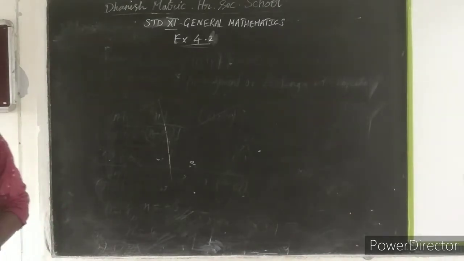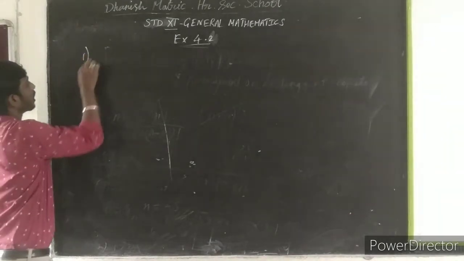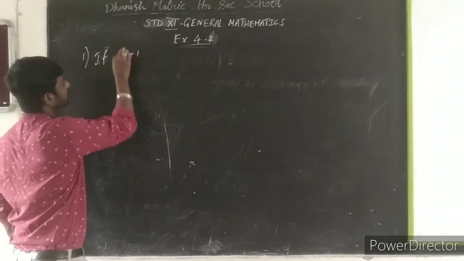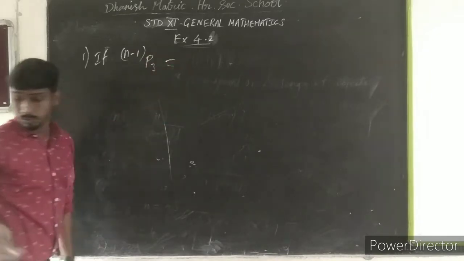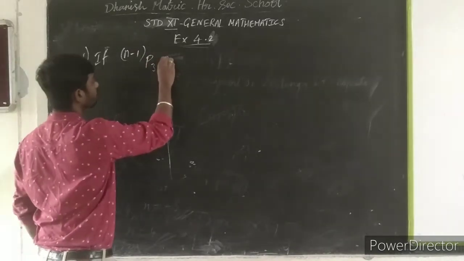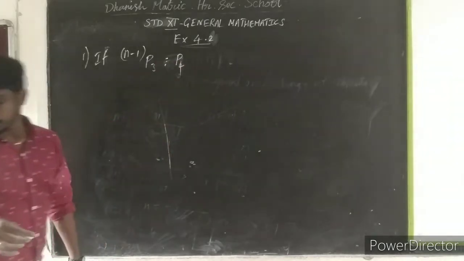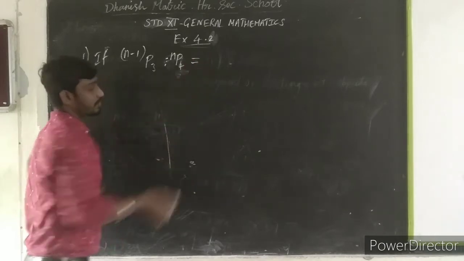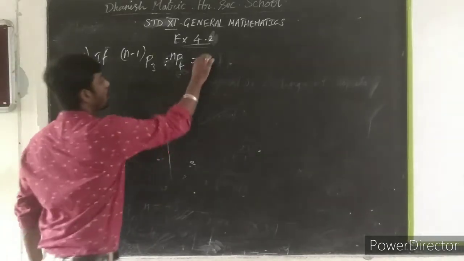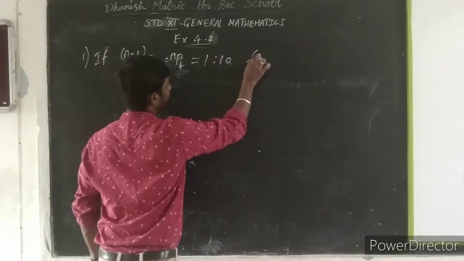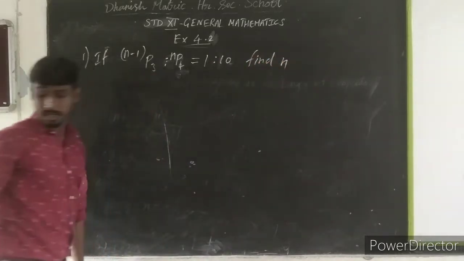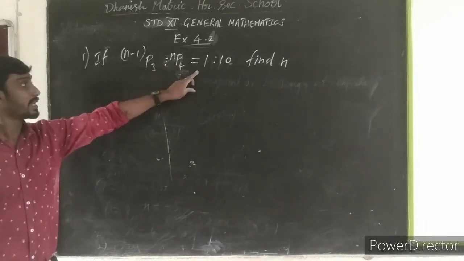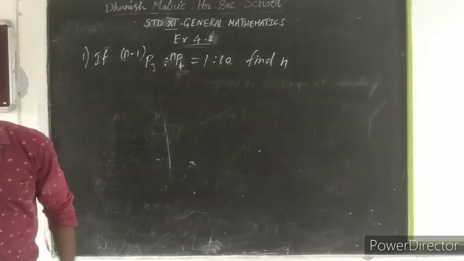That is, if (n minus 1)P3 is to nP4 equal to 1 is to 10, find the value of n. That is (n minus 1)P3 is to nP4 equal to 1 is to 10.